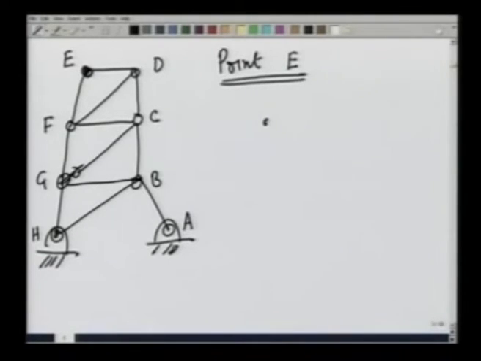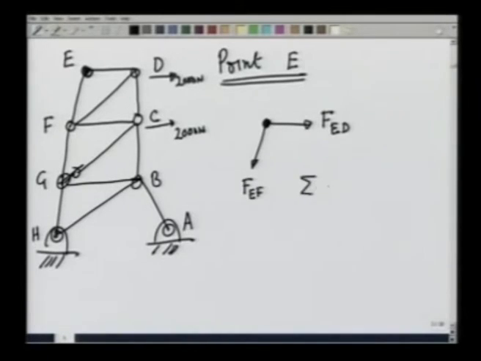At point E there are only two forces. This is of course loaded with 2000 newtons each. There is a force, let us call it FED, and there is a force FEF. Right away, if I do summation Fy equals 0, this gives me that FEF sine of whatever that angle is should be 0, and therefore FEF is 0.